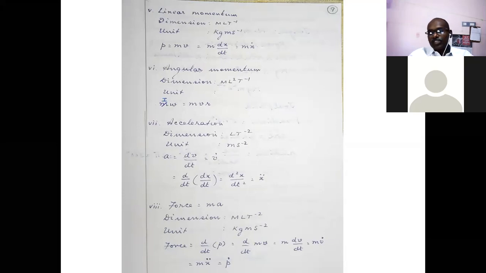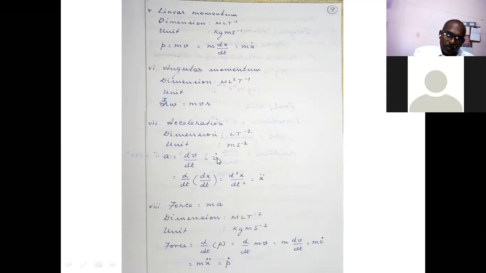What is acceleration? Acceleration is the rate of change of velocity. Therefore, the dimension is L t power minus 2 and the unit is meter per second square. So acceleration can be written as dv by dt, which is equal to v dot.